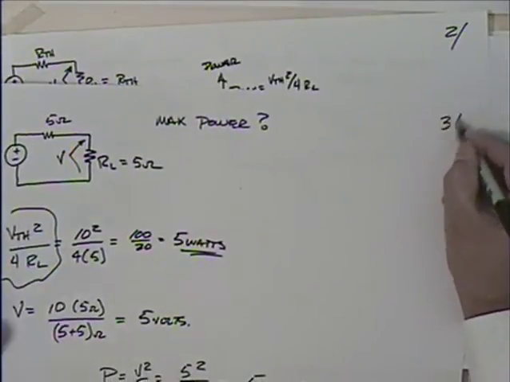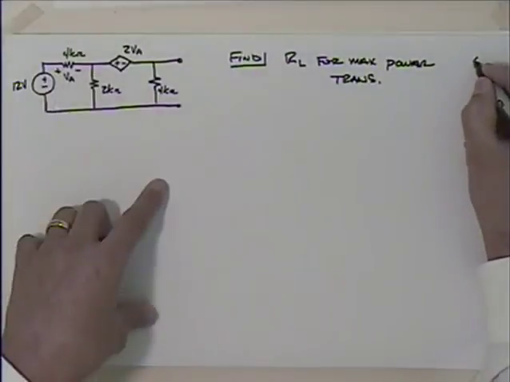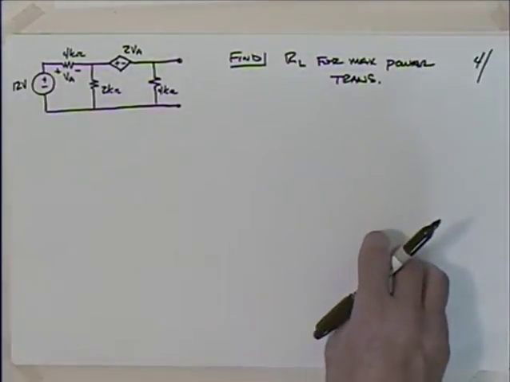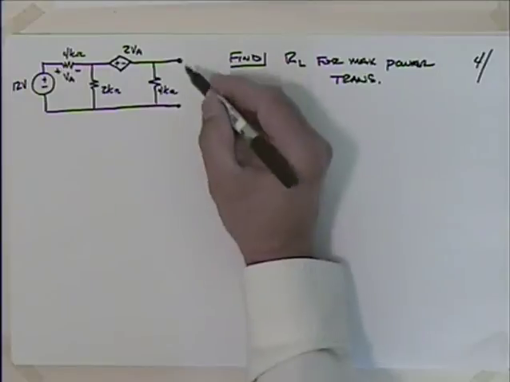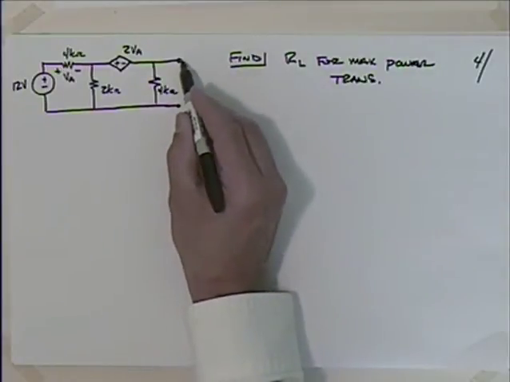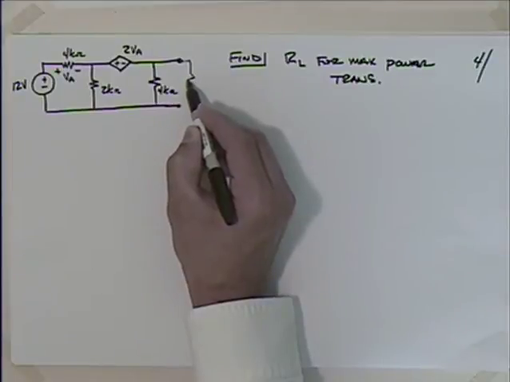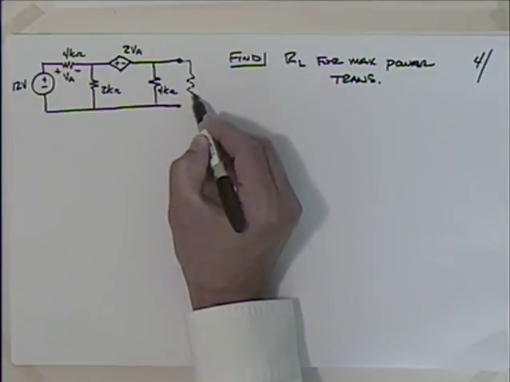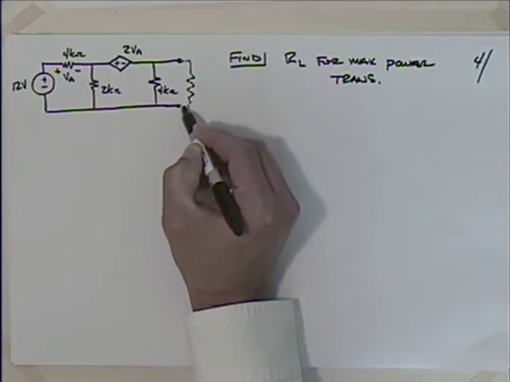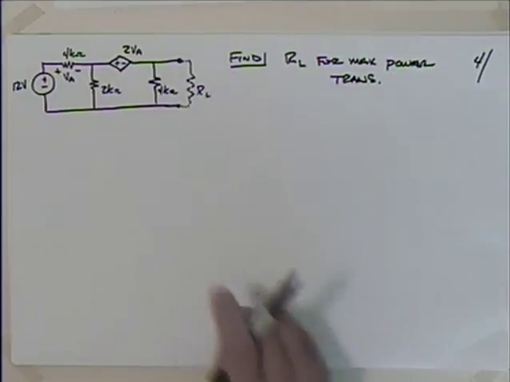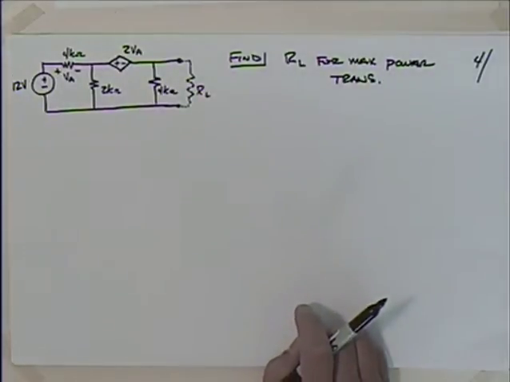There's 2, 3, so this would be 4. Okay, so find RL for maximum power transfer. So we would like to put, what resistance could we put across here? RL for maximum power transfer. That's what I'm looking for.